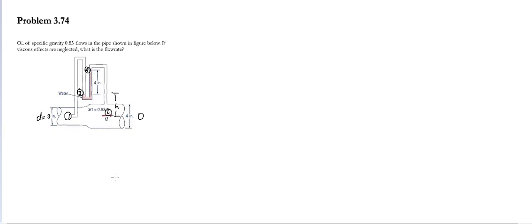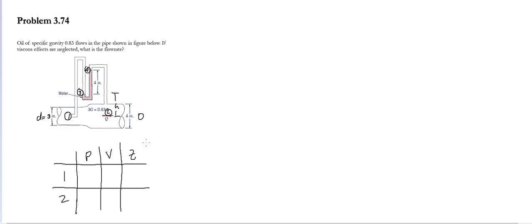Okay. Now that we have all the labels, what we need to do is create a table of the information given for each one of the points in the pipe. So for points 1 and 2, we're going to write pressure, velocity, elevation, and areas.